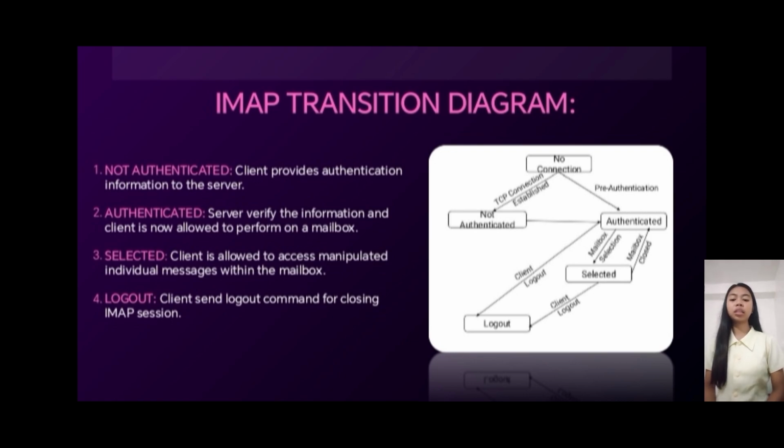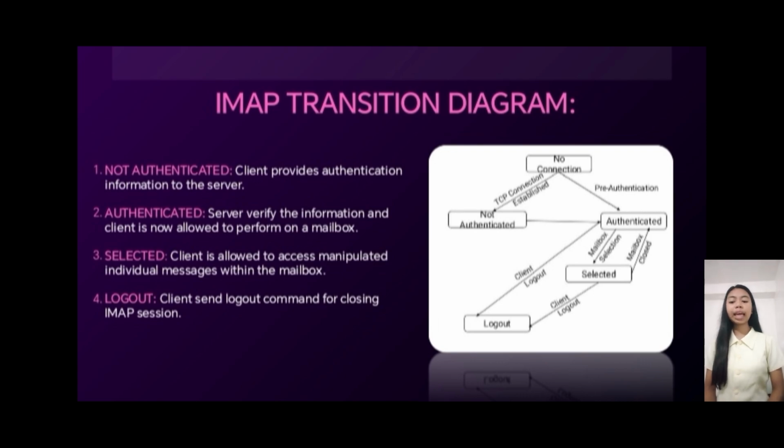When client is not authenticated, client will provide the authentication information to the server. Then the server will verify the authentication information. If the authentication is correct, then authentication is successful and client will log in to the server.